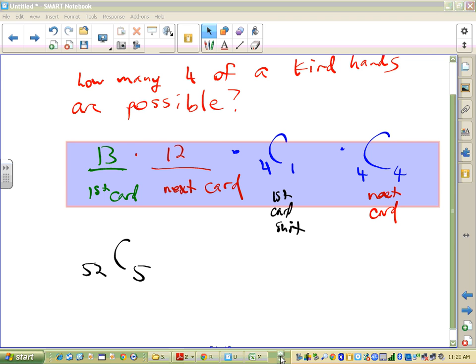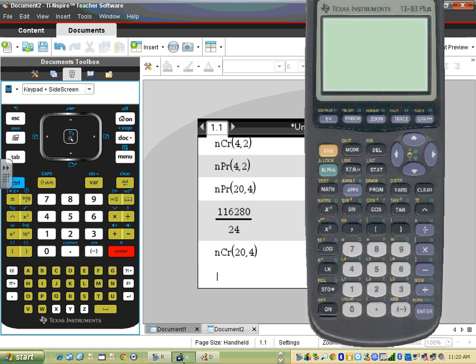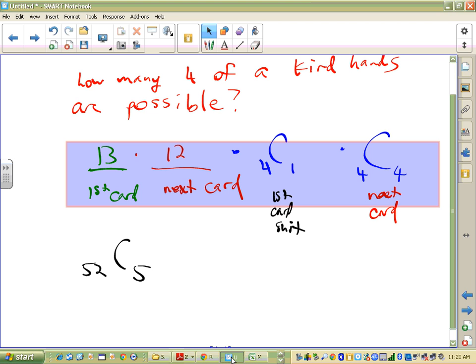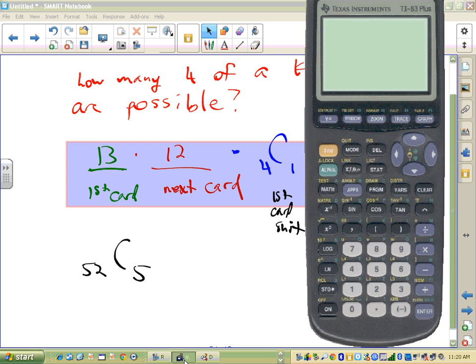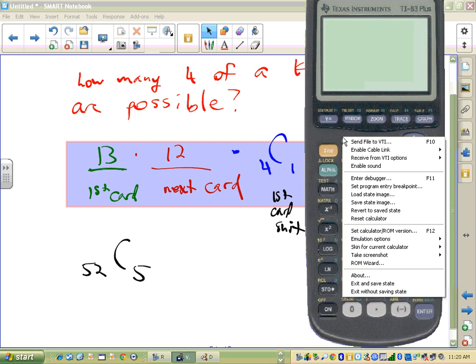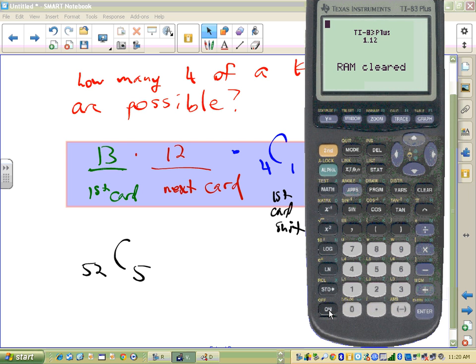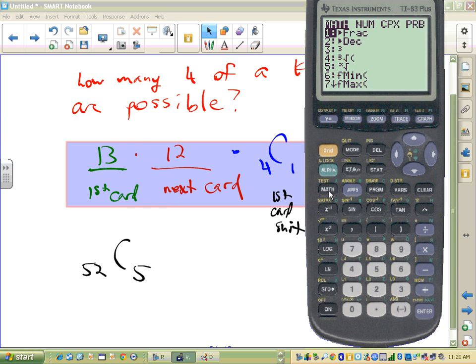Okay? So let's just look at some of these numbers that we get here. And then that'll probably be it for the day, because the bell's going to ring in a minute or two. Okay, so we got 52 choose 5. That's how many possible hands of cards there are when playing cards. If we take 13 times 12 times 4 choose 1 times 4 choose 4, that's how many possible 4 of a kinds there are.